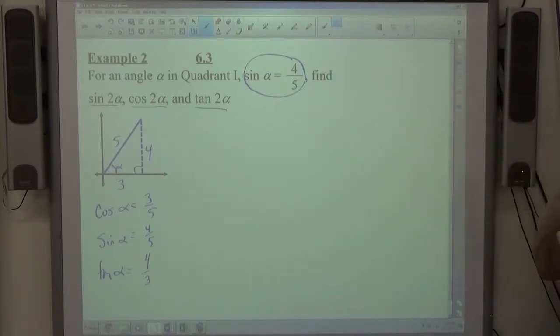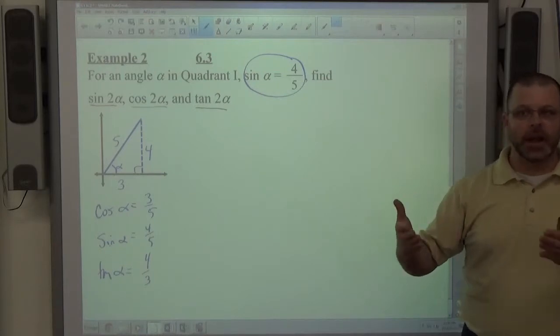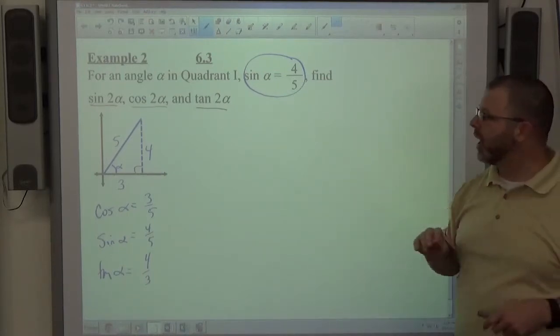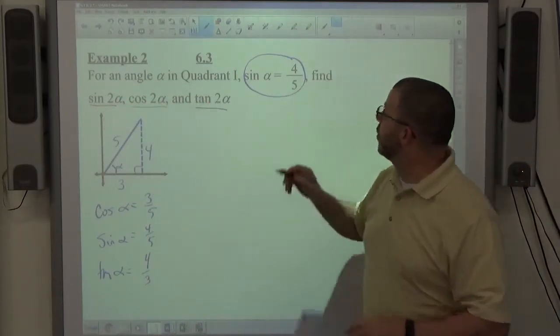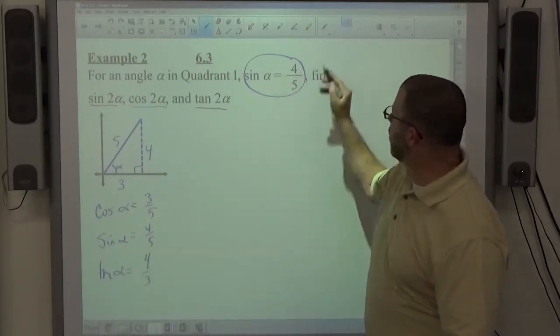Just yesterday we did sine of alpha plus beta, cosine of alpha plus beta, tangent of alpha plus beta. We had an identity that allowed us to break it into sines of alphas and cosines of betas and stuff like that. Well now, for sine of 2 alpha, cosine 2 alpha, tangent 2 alpha, once I have all these pieces figured out, I can just apply the property for each one.